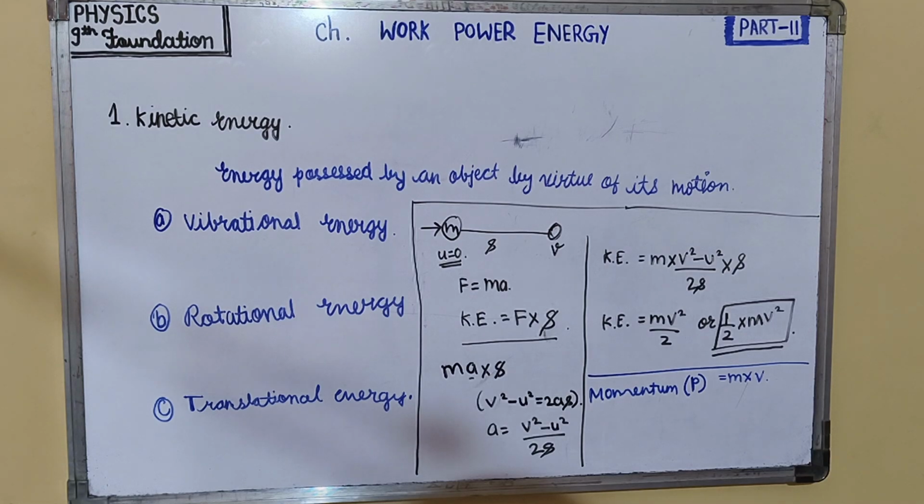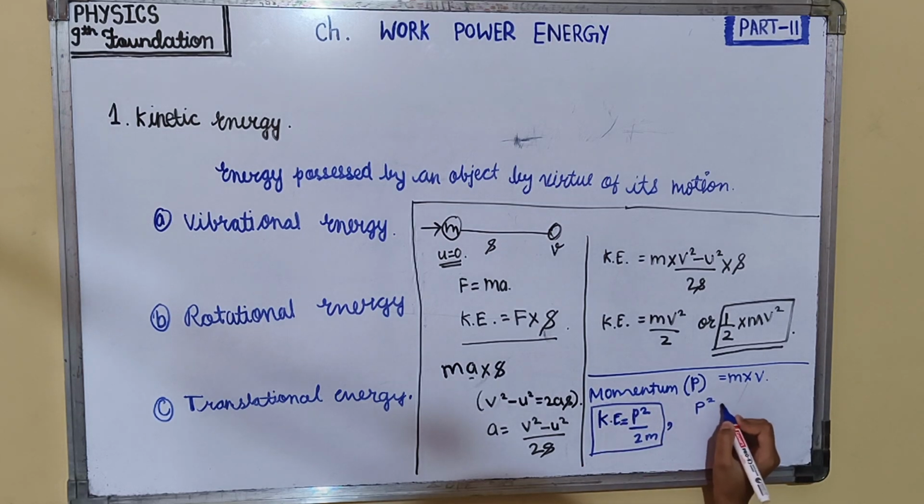After all the solving, we got kinetic energy is equal to p square by 2m. This is the second formula. Kinetic energy is equal to p square by 2m.